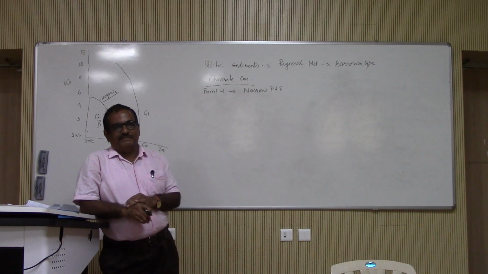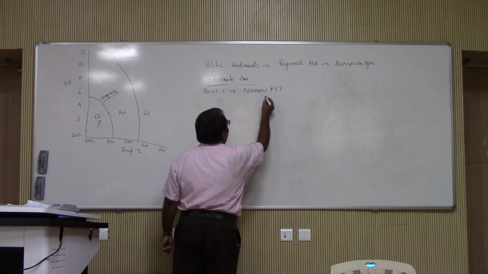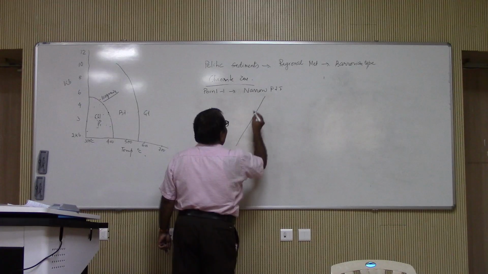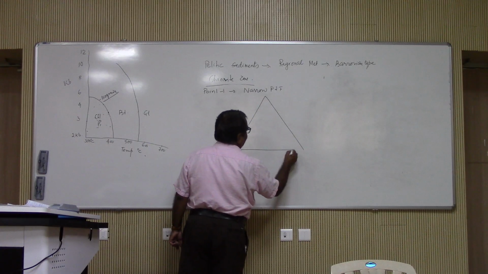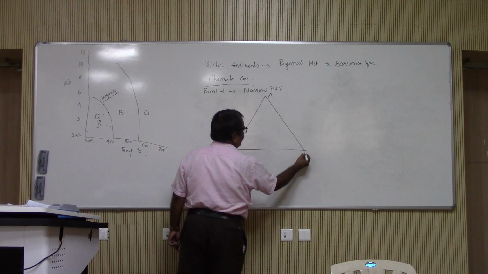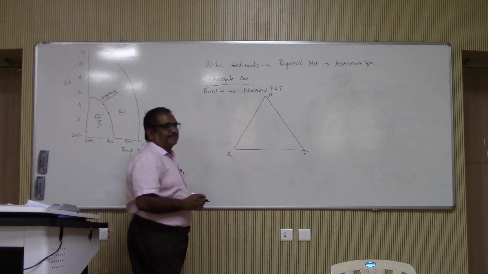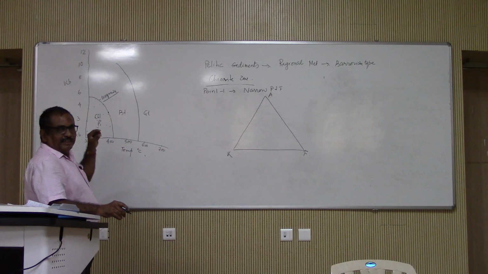In that same zone you are finding those minerals. How can these minerals be shown? Let us try with the AKF diagram. So we are representing from this place a single pressure and temperature.